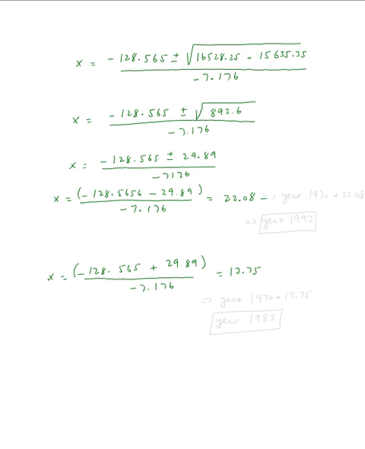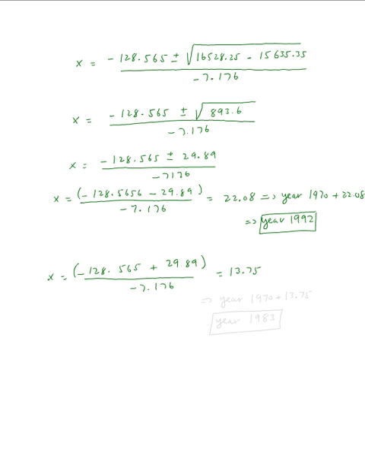The plus one will give you 13.75. This means that the year is 1970 plus 22.08, which is 1992. Of course, 0.08 is still, the year is still 1992.